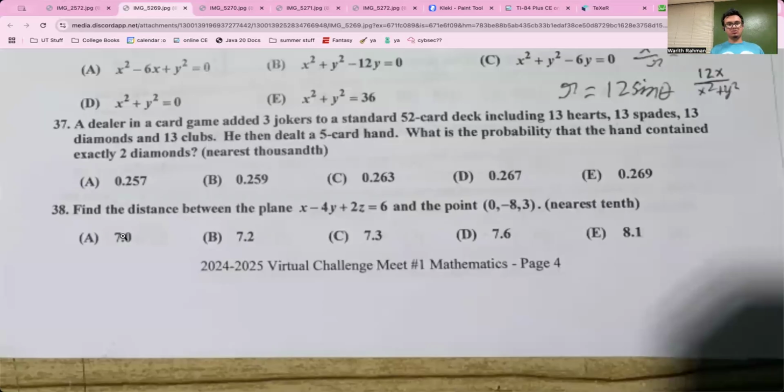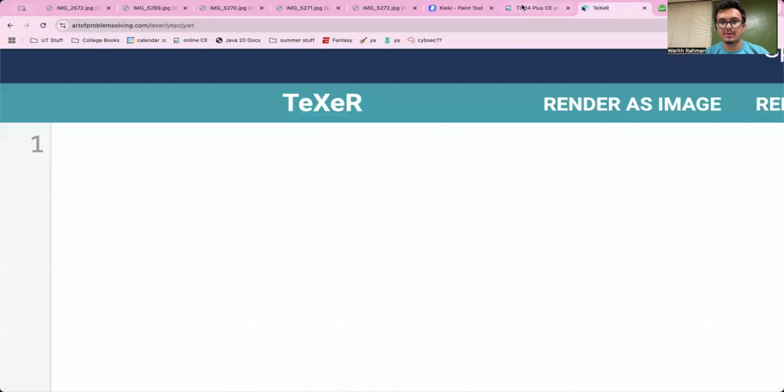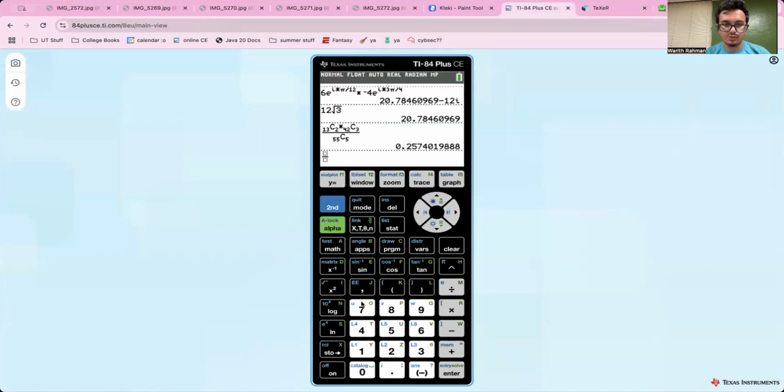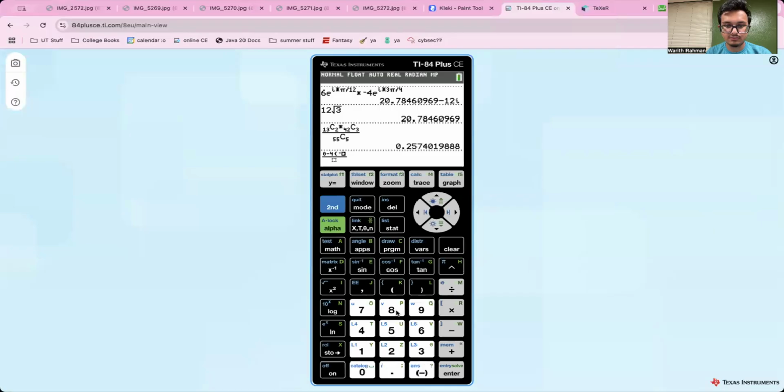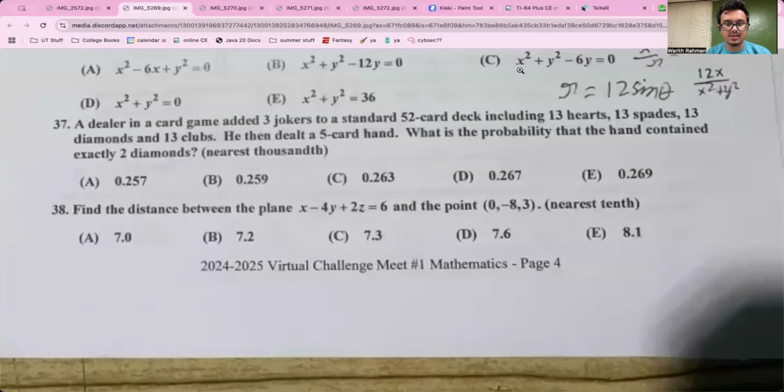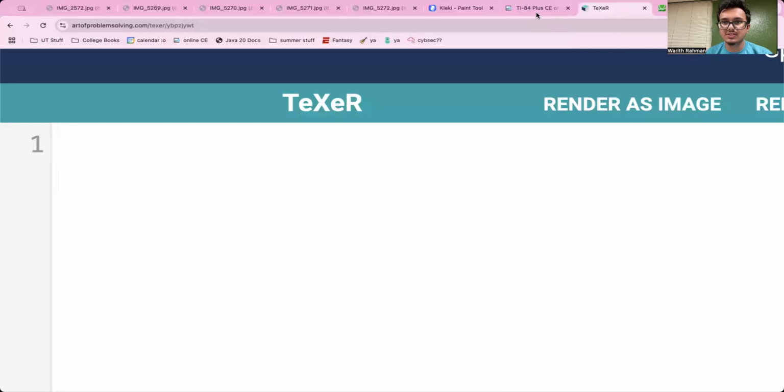Okay. So for here, again, we're just finding the value of this thing at this point. So we have x minus 4, y is negative 8, negative 8 plus 2 times z, minus that 6 that we had. Okay, and we're going to divide this.